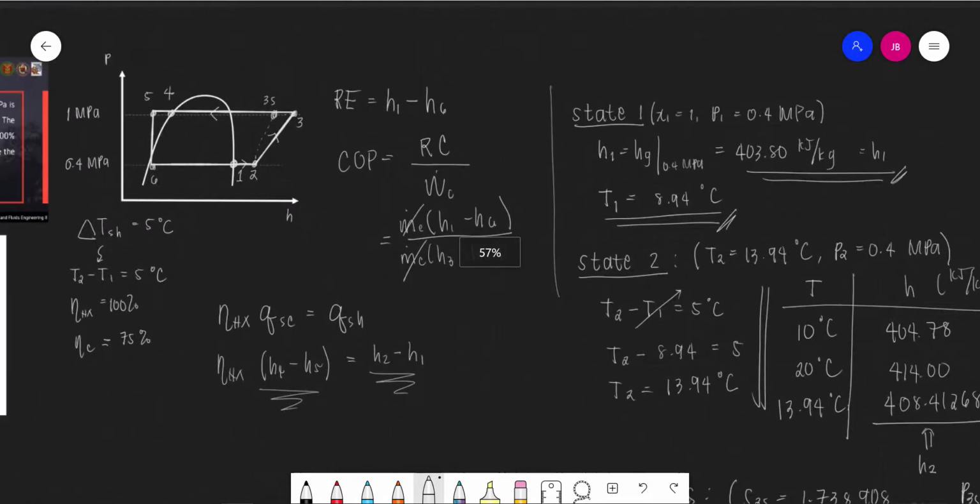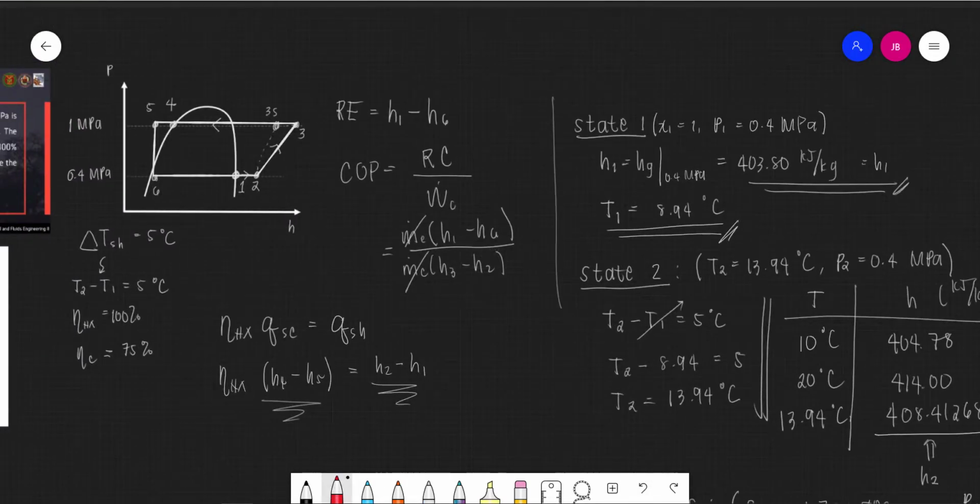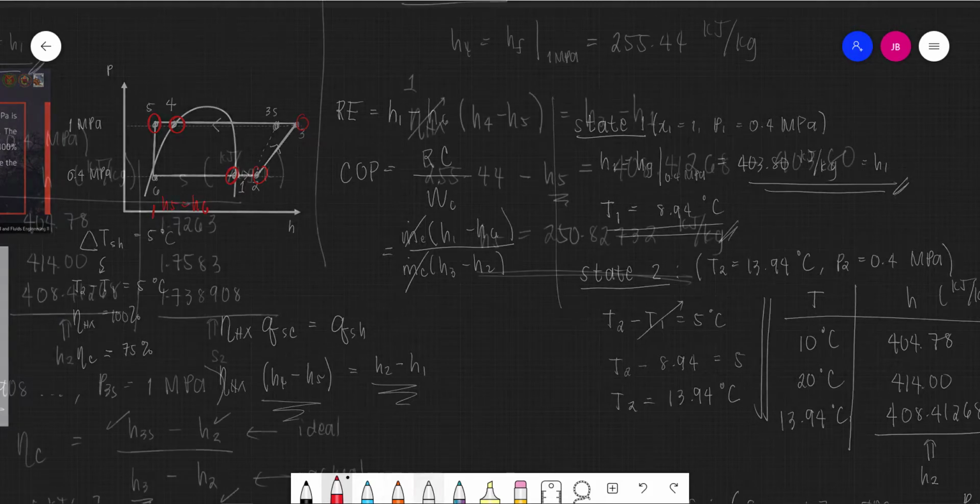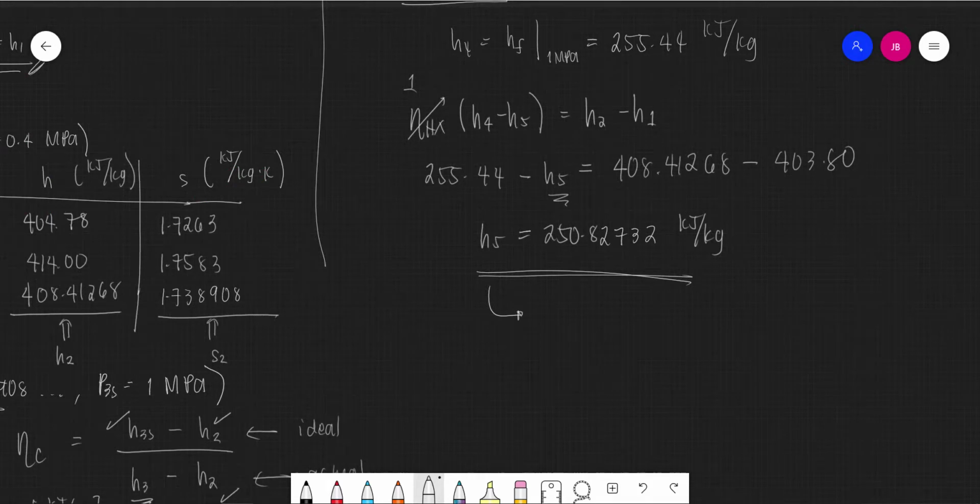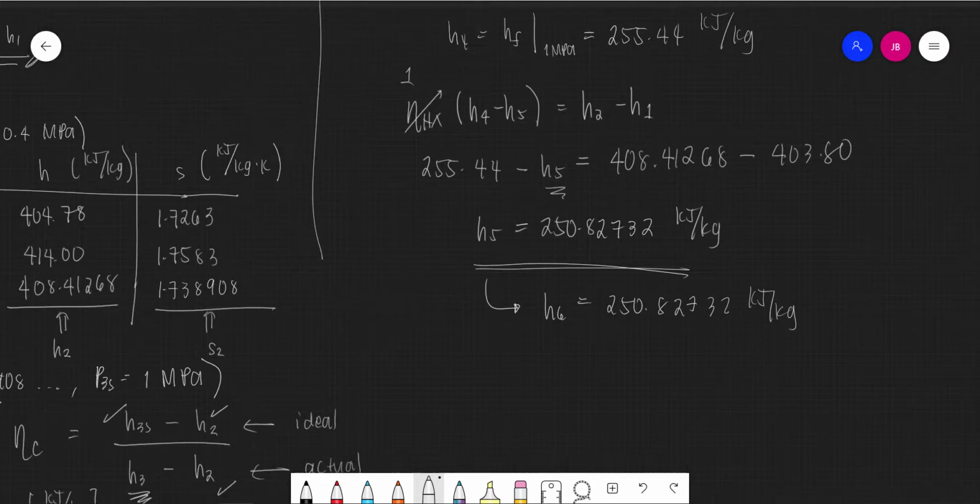We already know these states, 1, 2, 3, 4, and 5. And state 6 is basically equal to, or rather the enthalpy at 6 is basically equal to the enthalpy at 5 because it is an isenthalpic process. We just have to recognize that H6 is also going to be equal to 250.82732. Finally, we can now solve for the refrigerating effect and the COP.